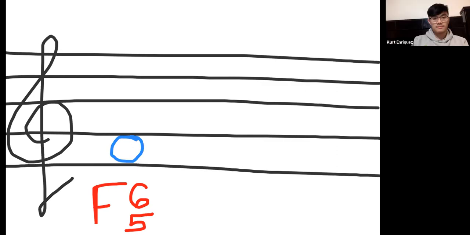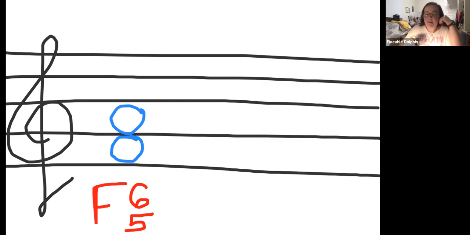A. Yes, because a dominant 7th chord is made up of a major triad and a minor 7th, right? So the major triad would be F, A, C. And then what would the 7th of this be?